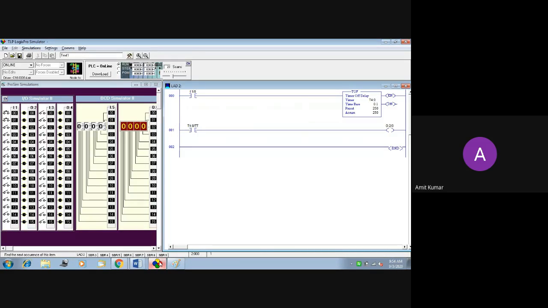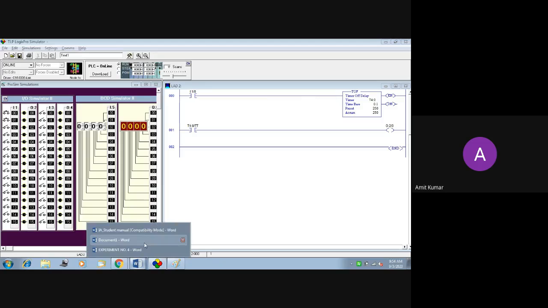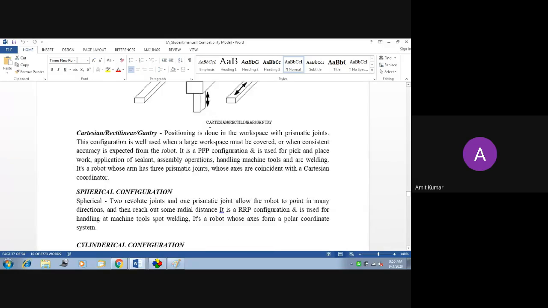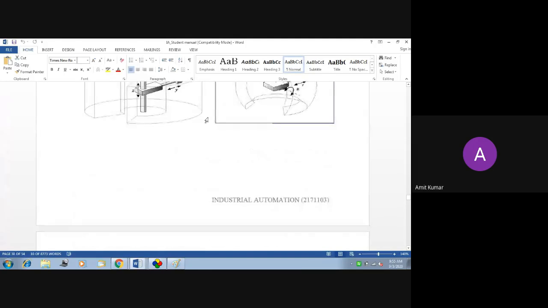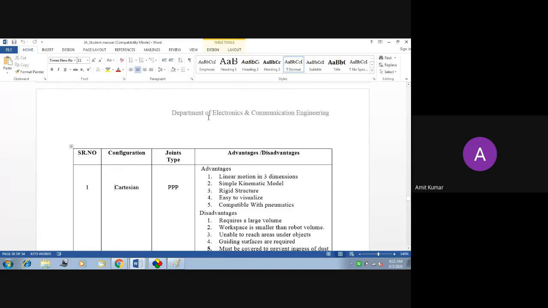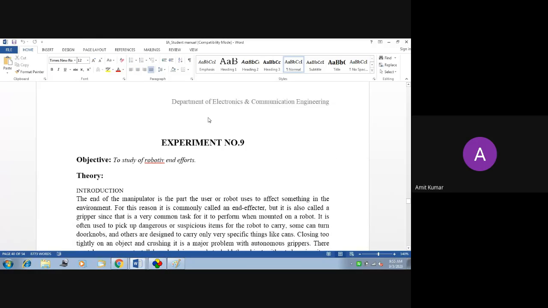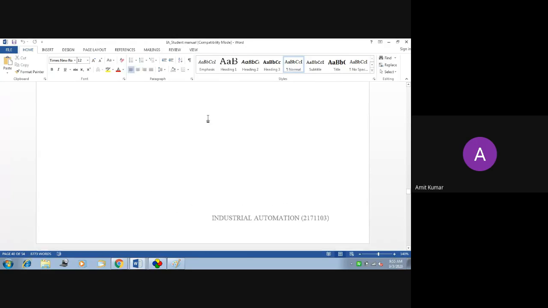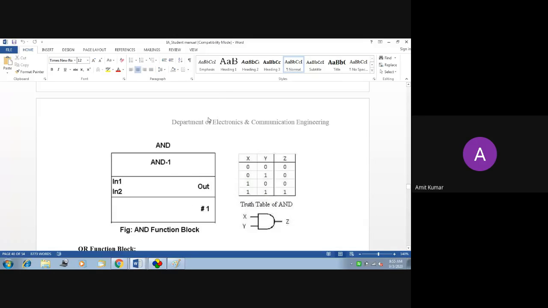So the last two will be the theory experiments, or you can say the study experiments. So we are not going to perform them. So eighth, robotics configuration, and ninth, robotic efforts. So these two are the study experiments, and before that we need to complete the others.